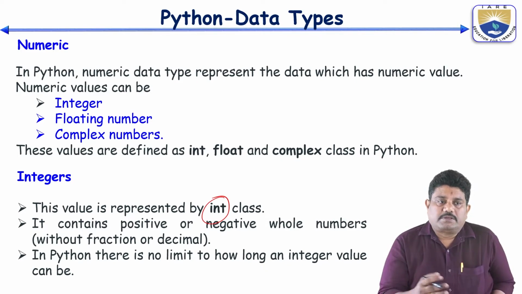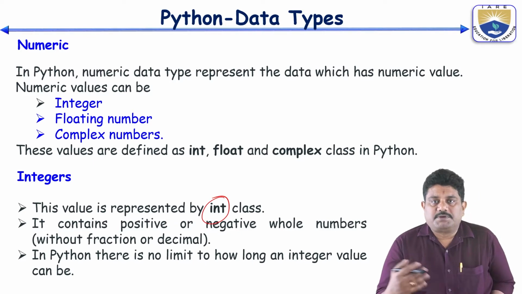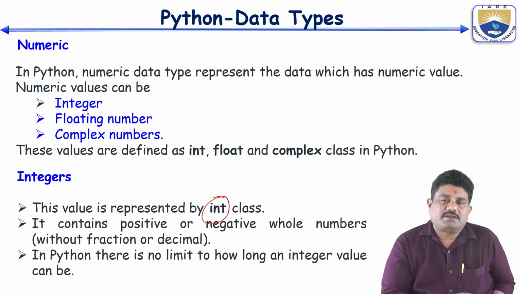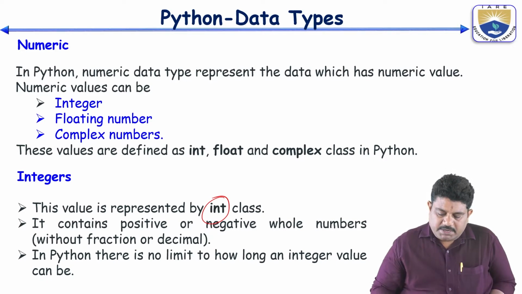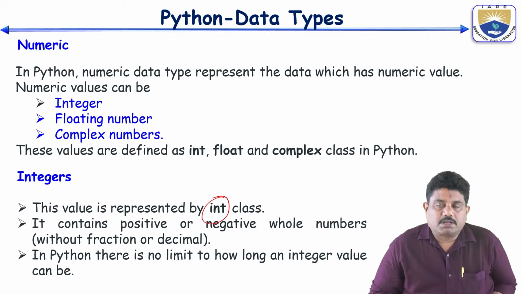Some integers store 2 bytes, some store 4 bytes. There may be restrictions on the length of integers based on their subtypes in C. But here in Python, it is not like that. There is no limit on integer value. So you can store any long integer, no issue at all.